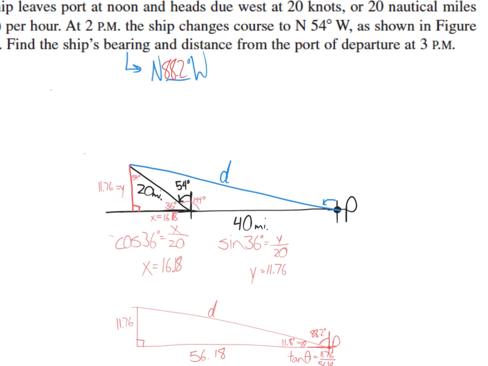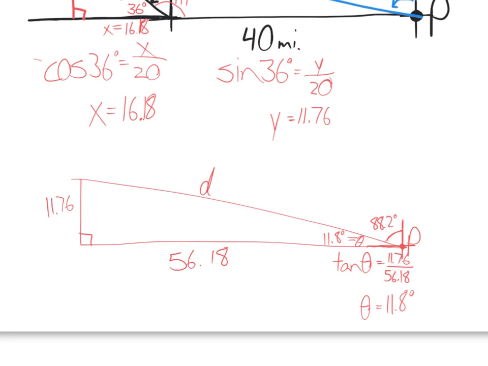For the distance we would use 11.76 squared plus 56.18 squared equals the distance squared. So you square root it and you get 57.40 miles. That's how far away they ended up, and the bearing to get there would be north 88.2 degrees west.